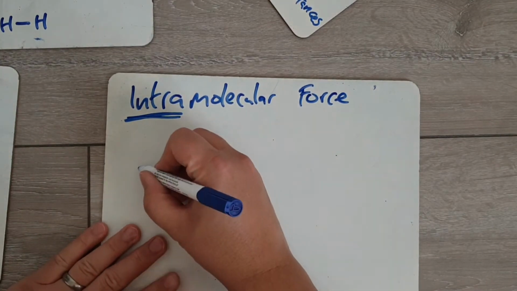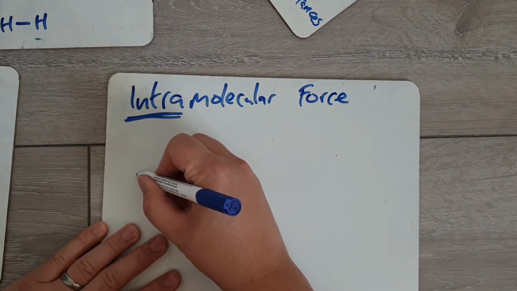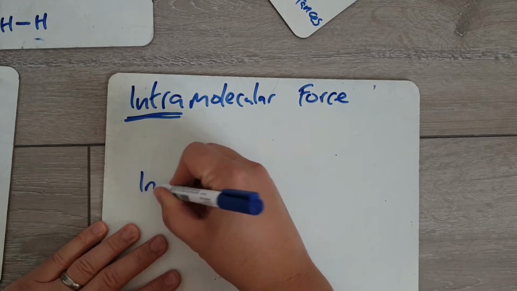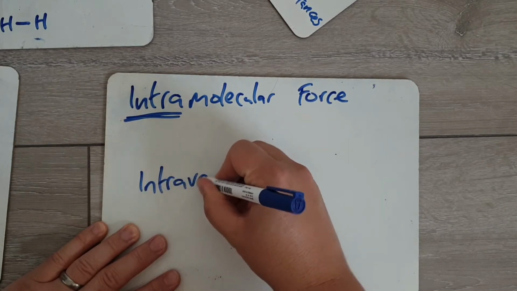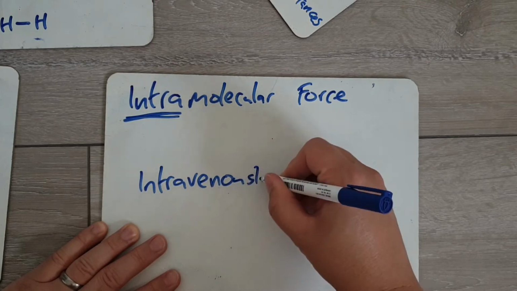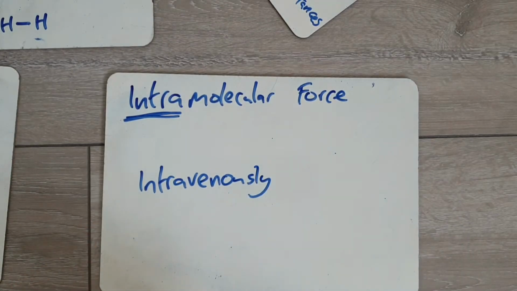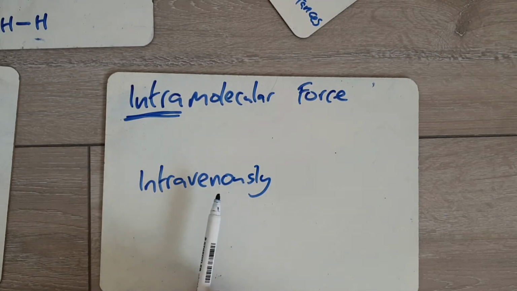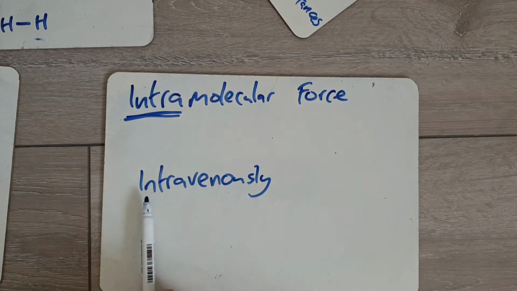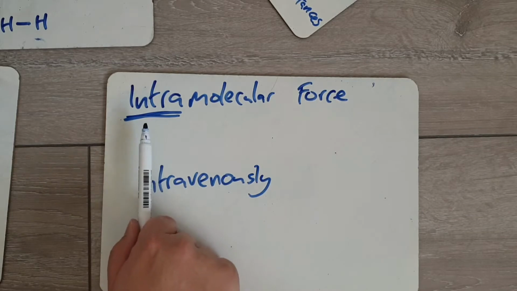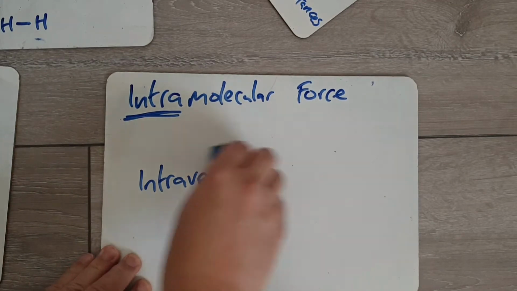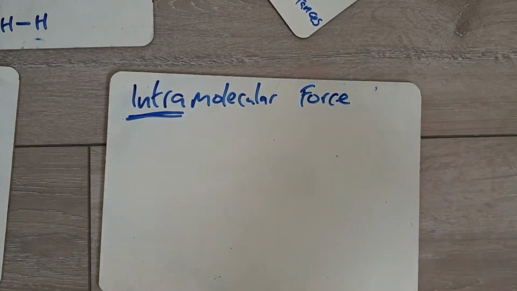If you think of somebody in hospital, if they were on a drip, that means they're getting drugs or food administered to them intravenously. So intravenously, they're getting medicine put inside their veins. Venously, because it's like veins, and intra meaning inside. So intra means inside or within. So something that's intramolecular is something that's inside a molecule.